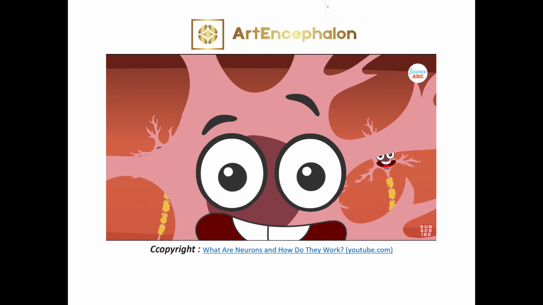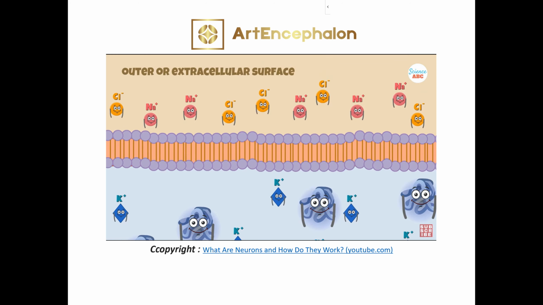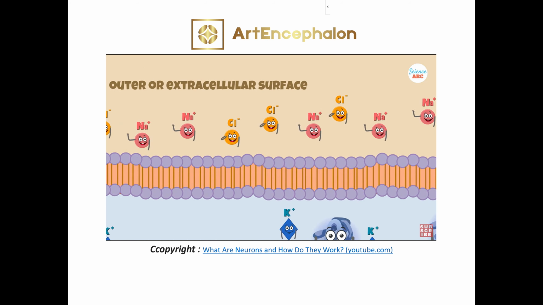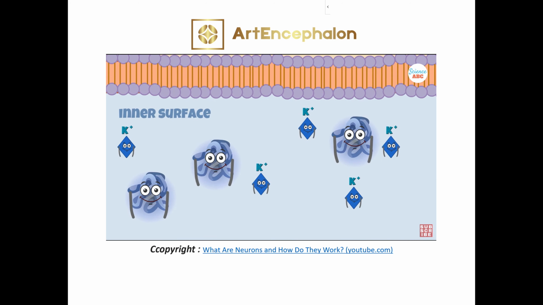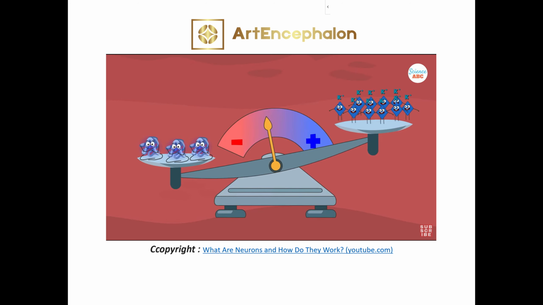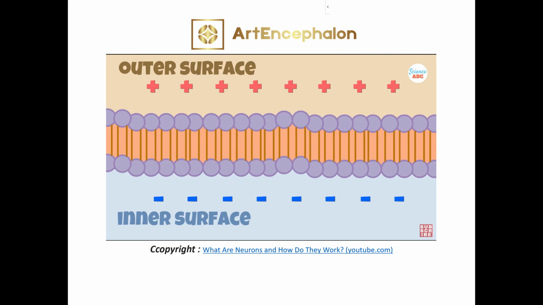The outer or extracellular surface of a neuron is bathed in a salty solution of positively charged sodium and negatively charged chloride ions. The inner surface has positively charged potassium ions and proteins that are negatively charged. The negatively charged proteins inside the cell are not balanced by an equal number of positive ions, making the inner surface of the neuron slightly more negative than the outside.